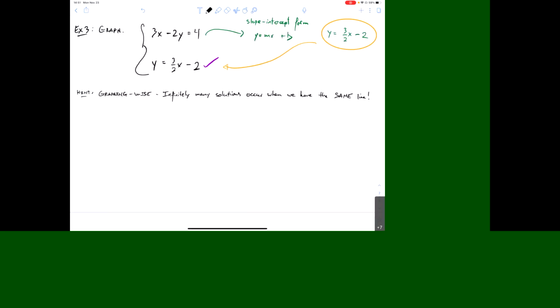Now, this is interesting because I'm going to tell you right now, from my years of experience as not only a teacher but as a student, no professor, no teacher, whether high school, private school, tutoring, or university, is ever going to give you a problem where they say, hey, graph this, where both equations are already simplified to be the same exact thing. That's never going to happen because it's too easy. It's too apparent.